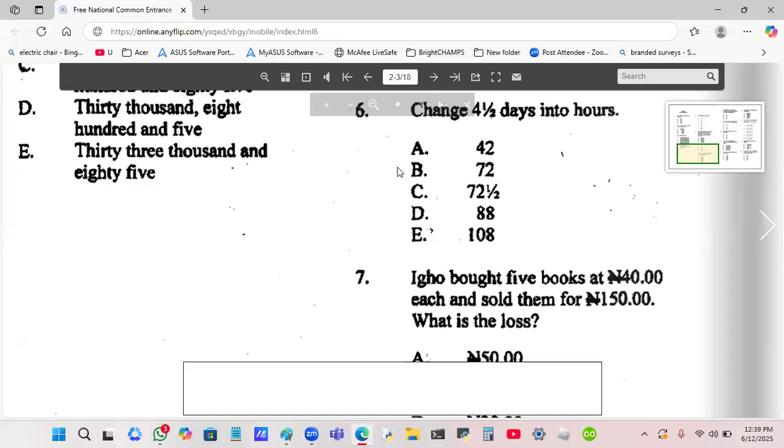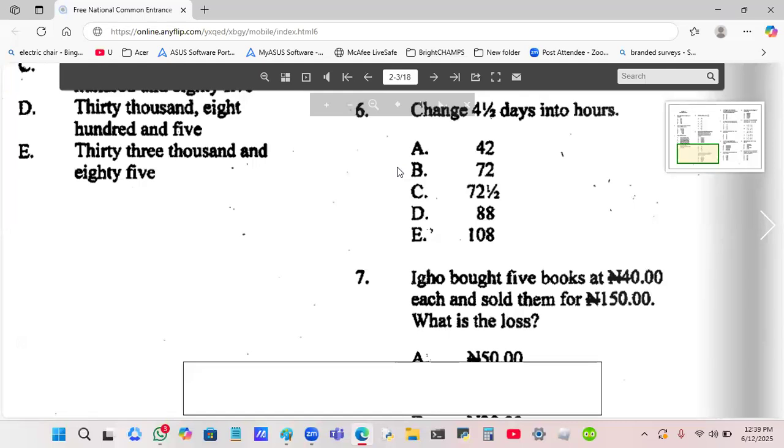Then now selling price equals 150 naira. Cost price is actually 90? It can't be 90.